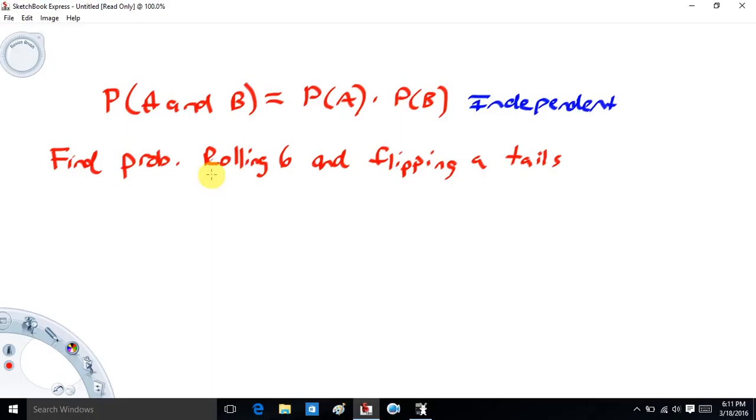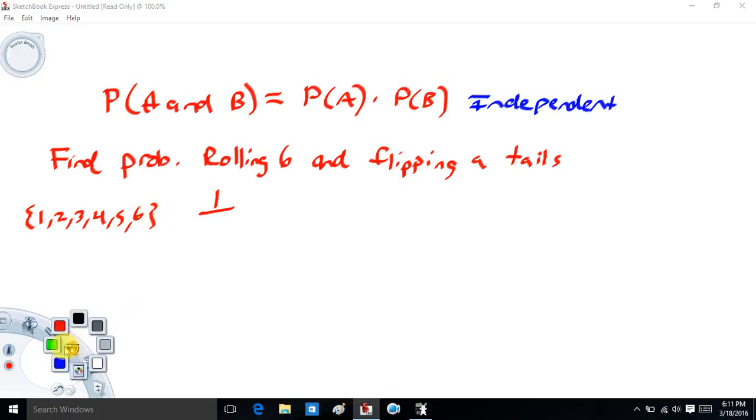So we know the probability of rolling a 6 is 1, right? If we look at the sample space for rolling a dice, the possible outcomes are 1, 2, 3, 4, 5, 6. The event we're interested in is rolling a 6, so that's 1 out of the total of 6. So the probability of rolling a 6 is 1 out of 6.